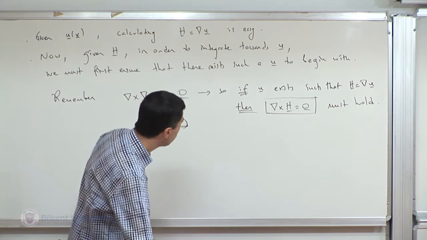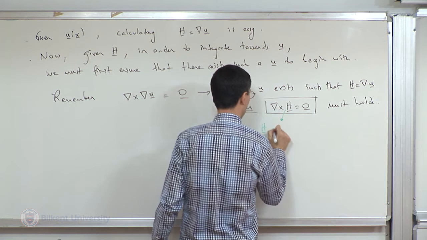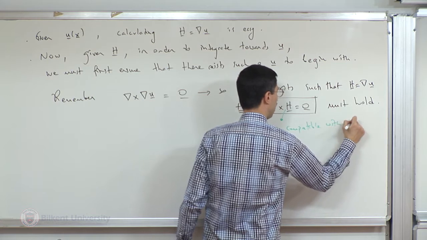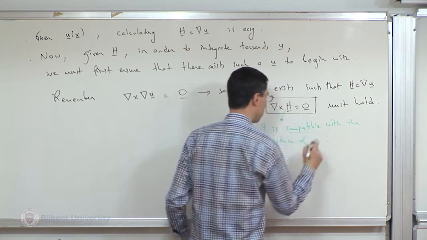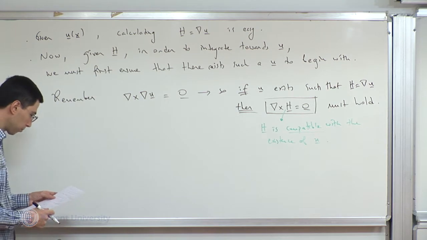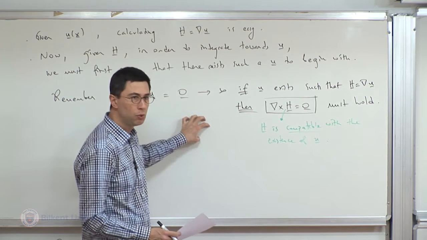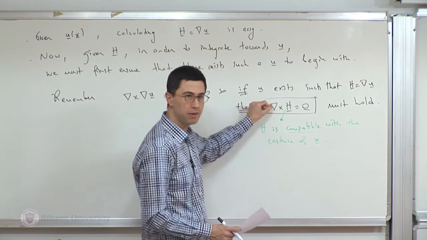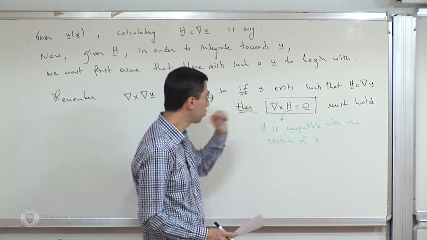And so in this case, we say that h is compatible with the existence of u. Now suppose somebody gives you an h. To calculate u, you first require that h satisfies zero curl. Curl of h should be equal to 0.